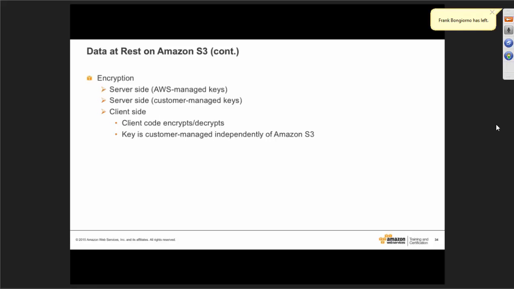After you get past the access control of the individual objects, you can turn on encryption. Encryption can be server-side or client-side. Furthermore, both server-side and client-side can be managed with keys that the customer controls or ones that AWS controls.